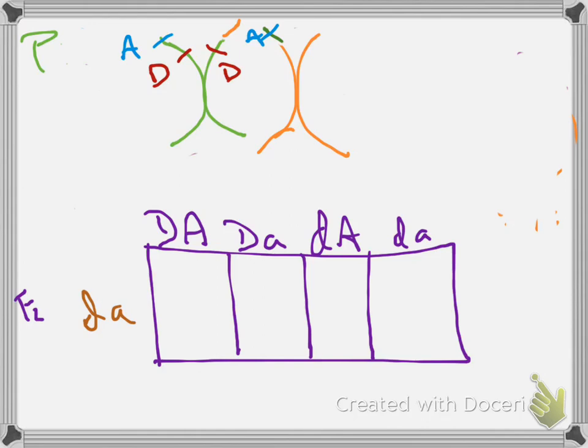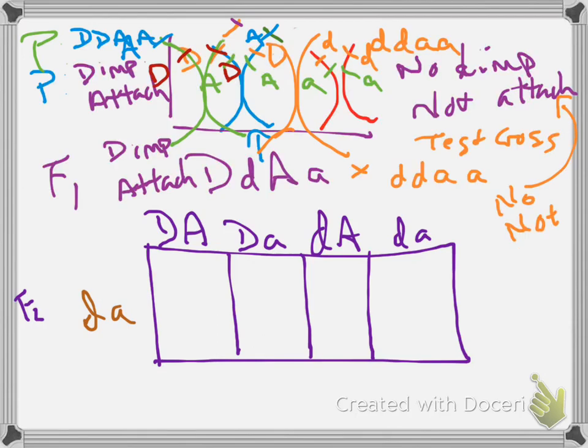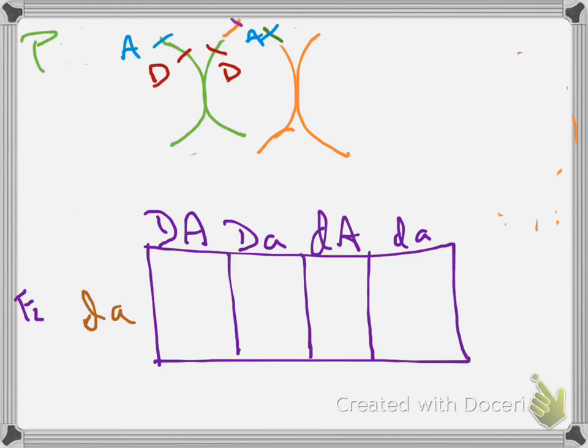And your unattached, little a, which was over here, paired with that one, got moved. Okay. And this was little d and little d.